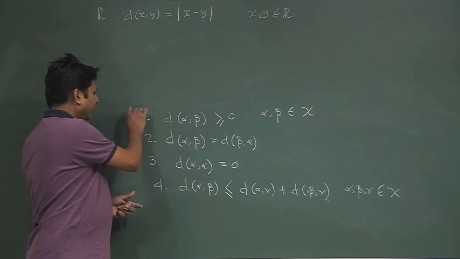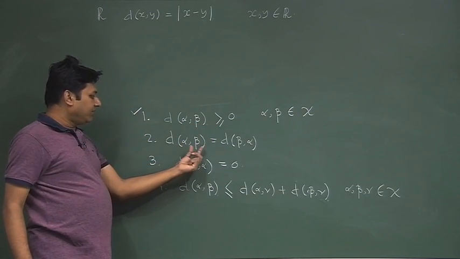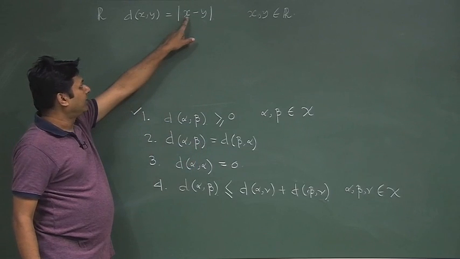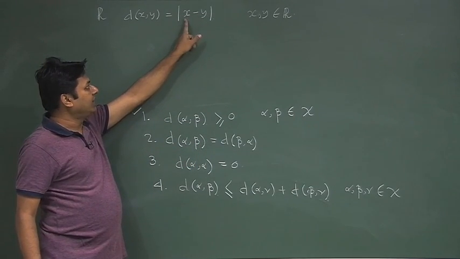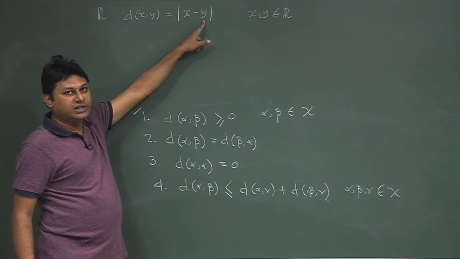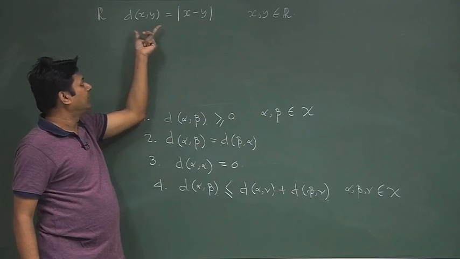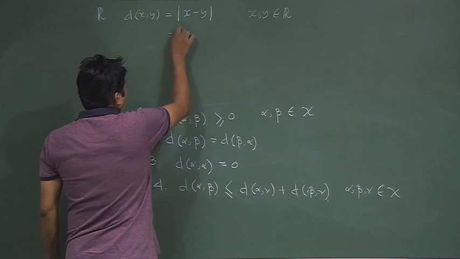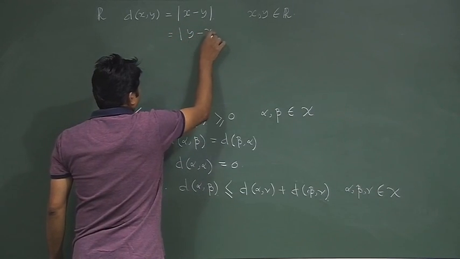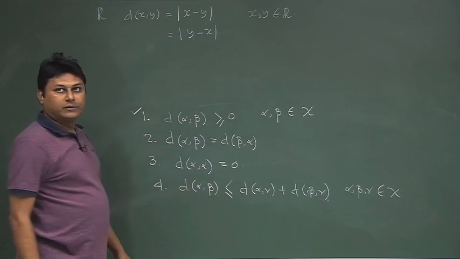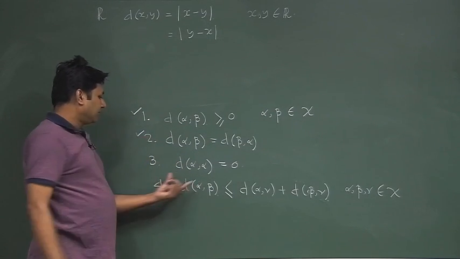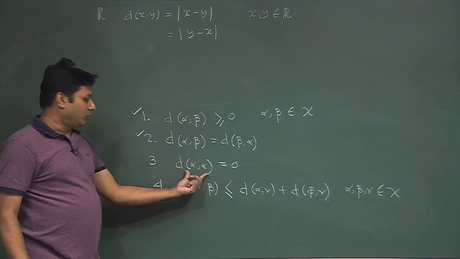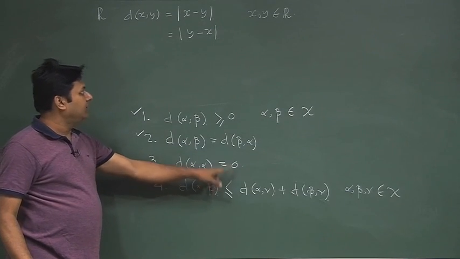First thing is valid. Second, if I interchange x and y, it is not going to change anything. The value should be the same, since this is the same as mod of y minus x. So the second thing is also valid. Third, when the two things are equal, it will be 0.